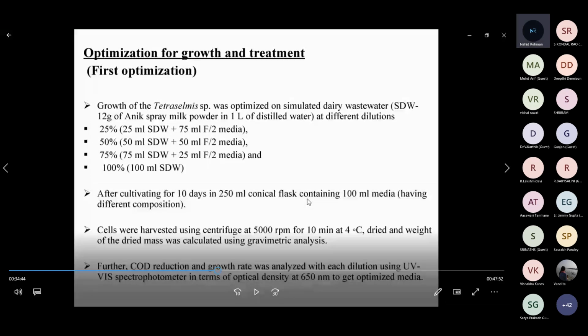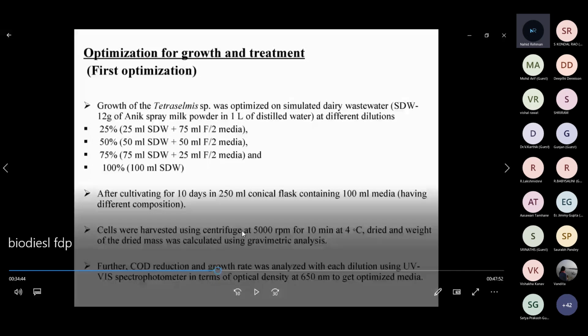cells are harvested using a centrifuge at 5000 rpm for 10 minutes at 4 degrees centigrade. And then it is dried, and the weight of the dried mass was calculated using gravimetric analysis.